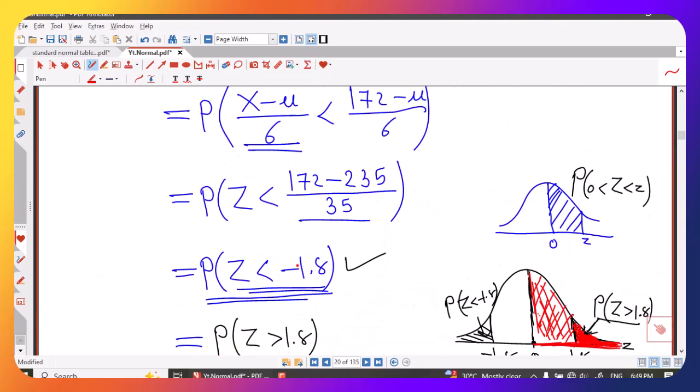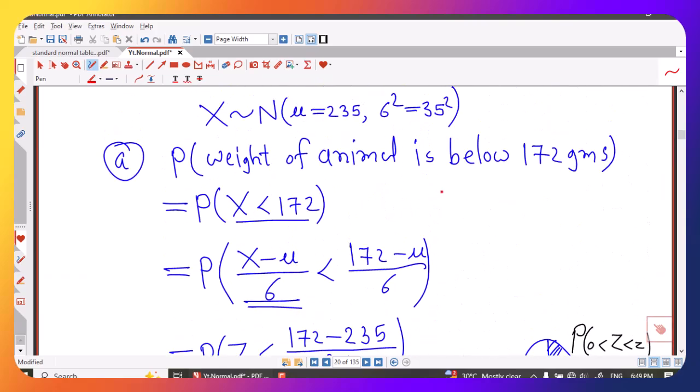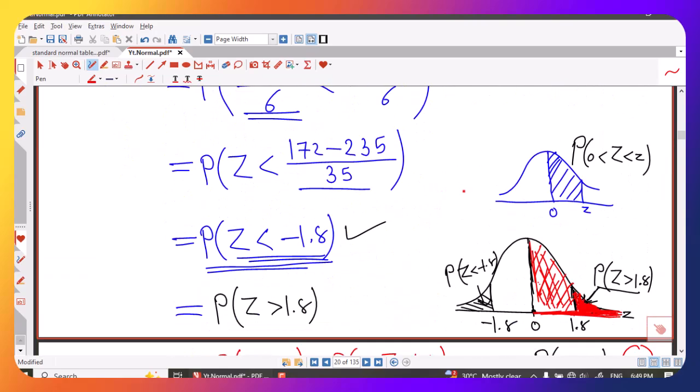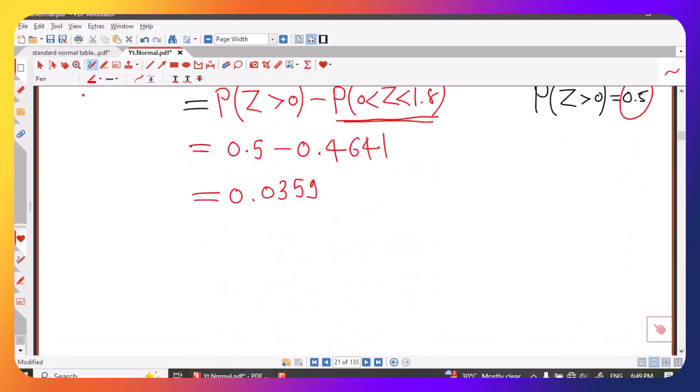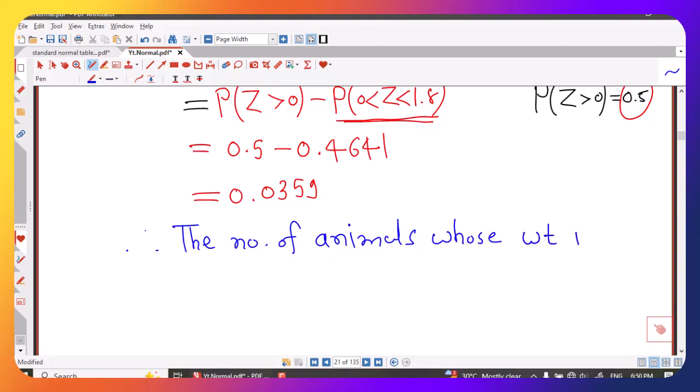0.0359. This is the probability that weight of animal is below 172 grams, and we are interested in the number of animals whose weight is below 172 grams.